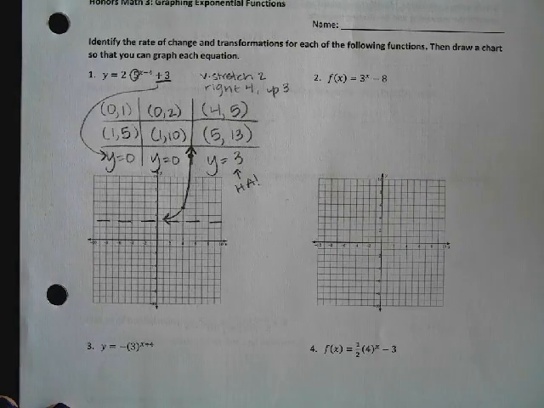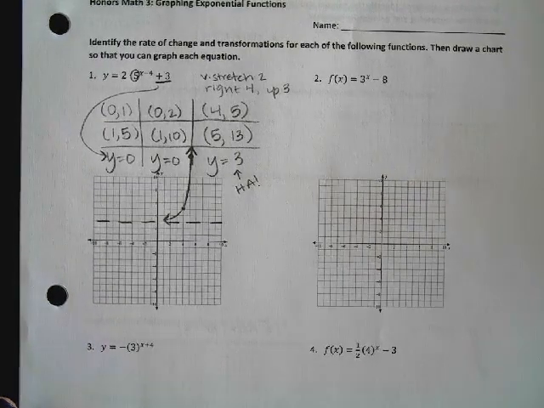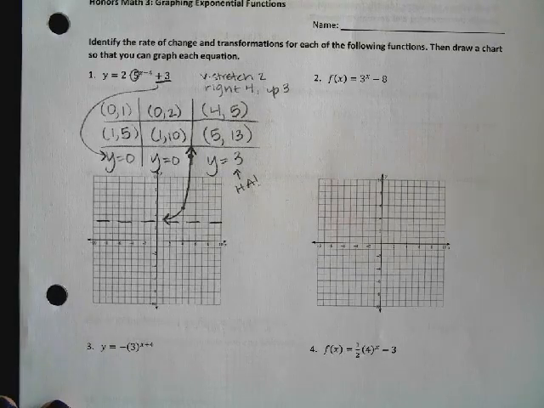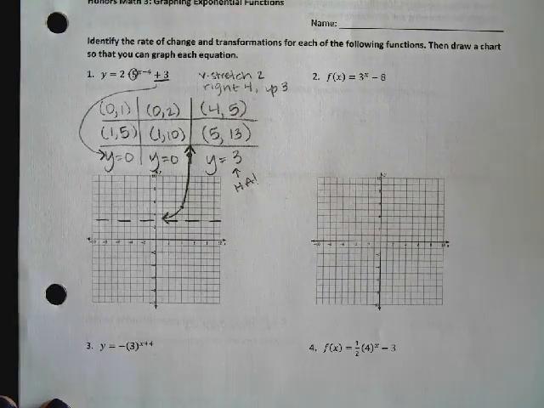If we wanted to know if it's continuous, we would say yes, we can trace it, all right? If we wanted to know the end behavior, we would say as you look left forever, the y value is going to 3. As you look right forever, the y value is going to infinity.